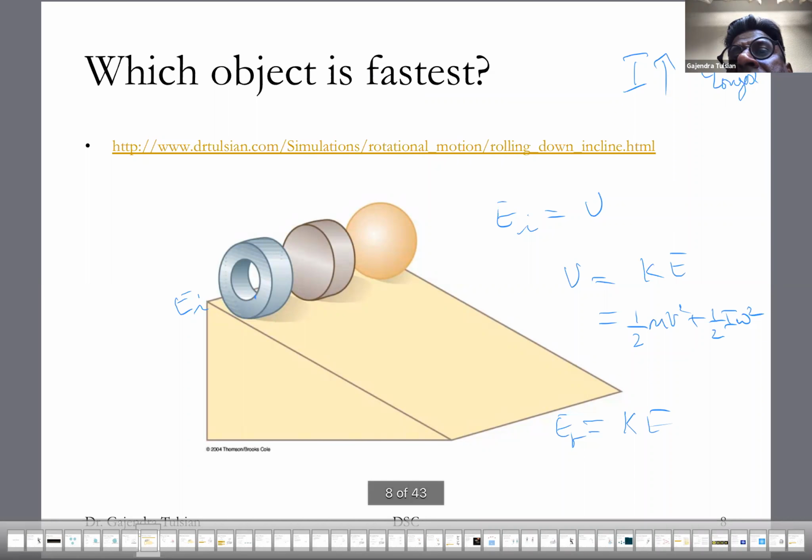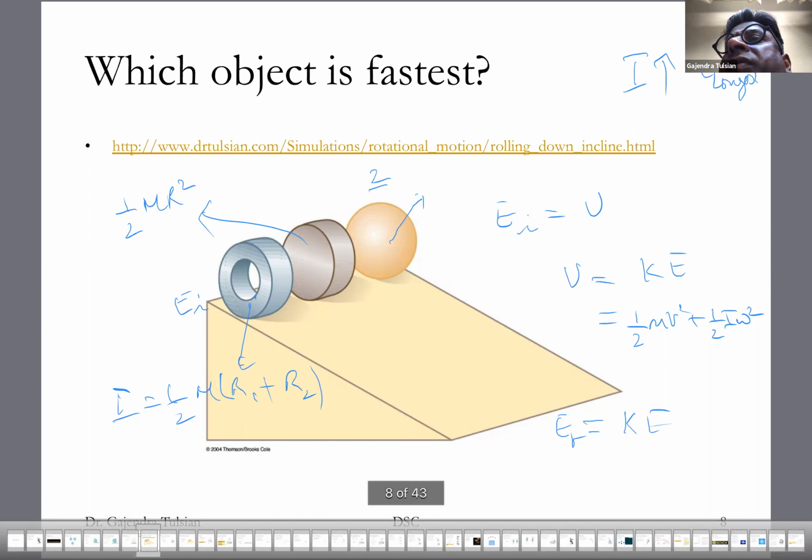The moment of inertia of this one is 1/2 m (r1 squared plus r2 squared), where r1 and r2 are the two radii. The moment of inertia of this one is 1/2 m r squared, and the moment of inertia of this one is 2/5 m r squared. So the moment of inertia of this one is the greatest, so it will reach last.